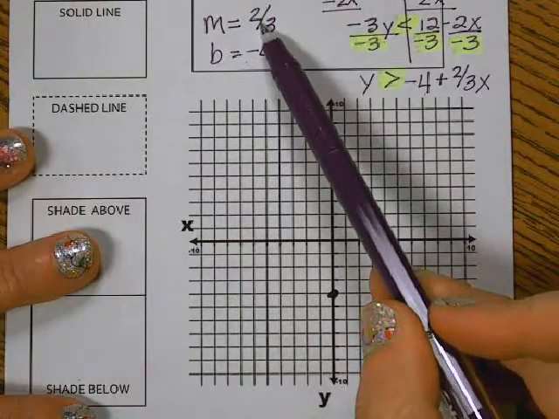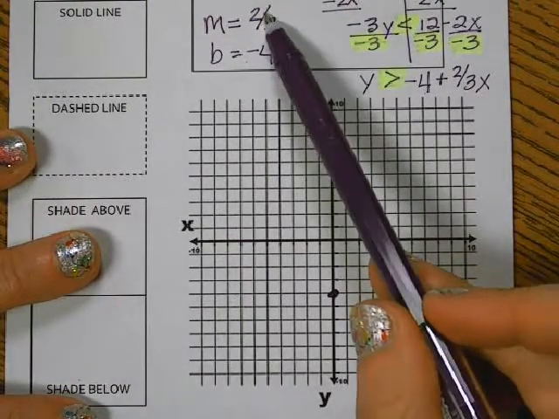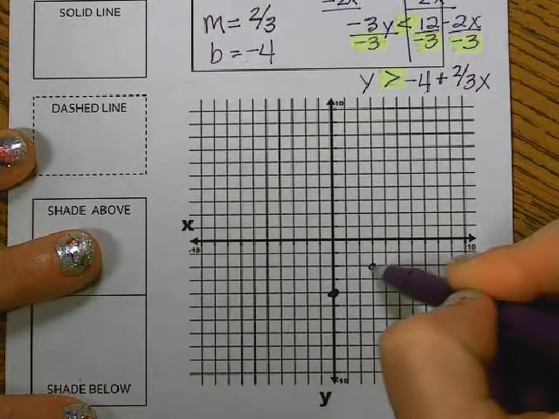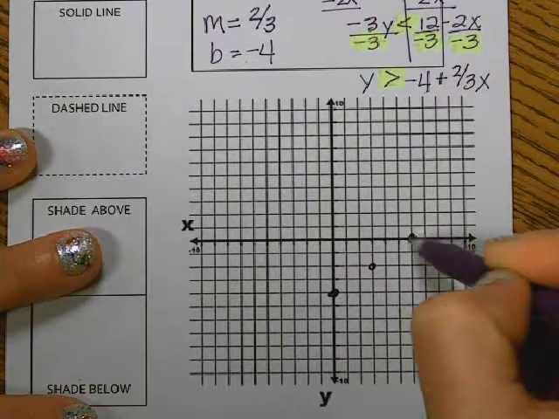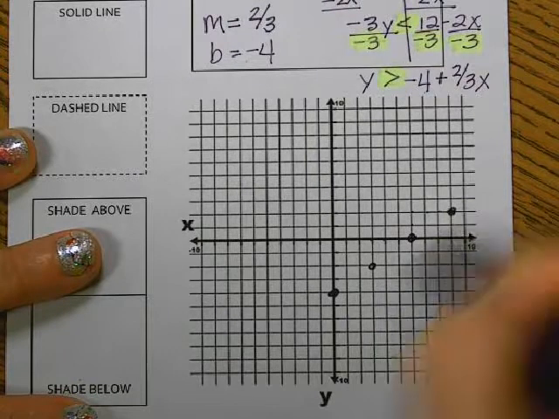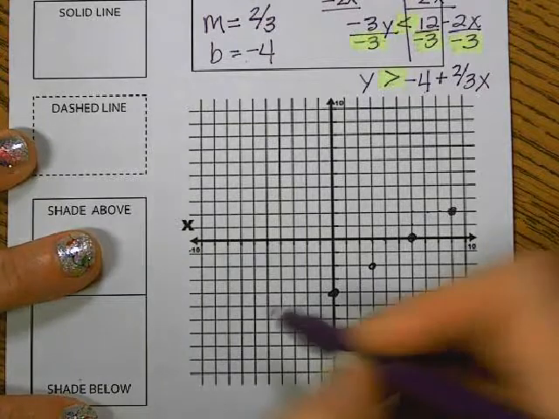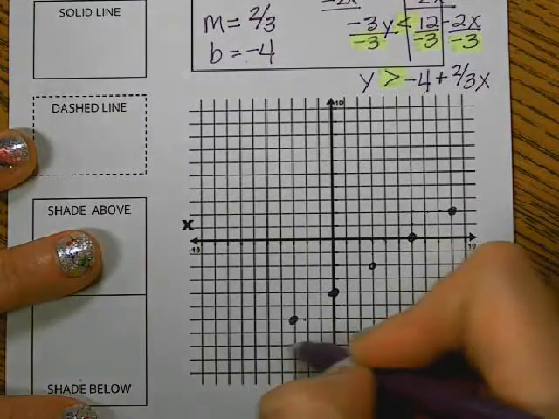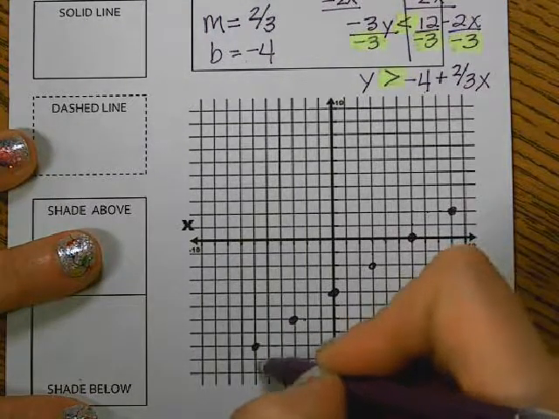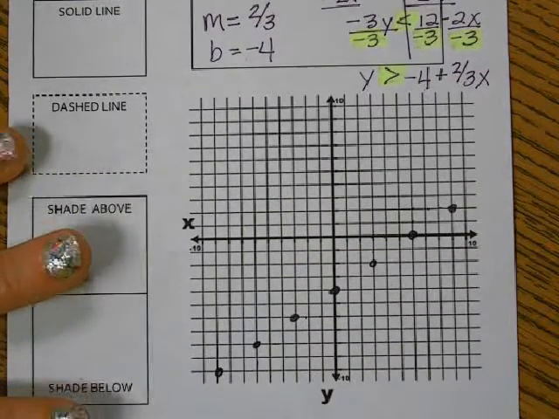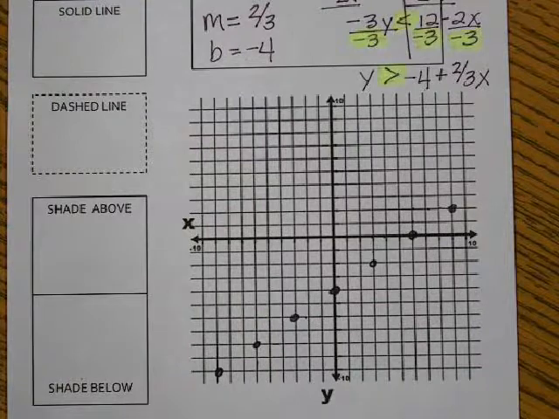And it moves 2 over 3, up 2 over 3. 1, 2, 1, 2, 3. So if you notice, I'm going up 2 and over 3, again and again. Now, this is just the points for the line.